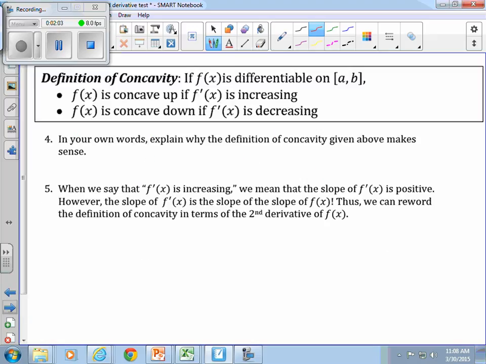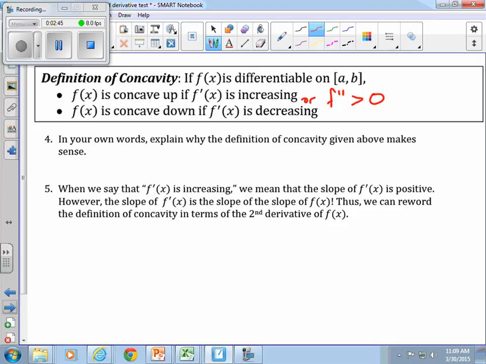So, definition of concavity. Now you know concavity as a science definition, right? If f of x is differentiable from a to b, f of x is considered concave up if the first derivative is increasing, or, which I think is on another slide, but we'll go ahead and say it here, if the first derivative is positive.